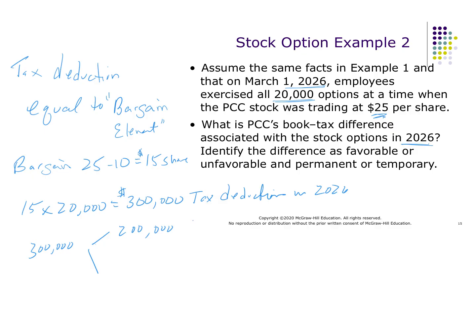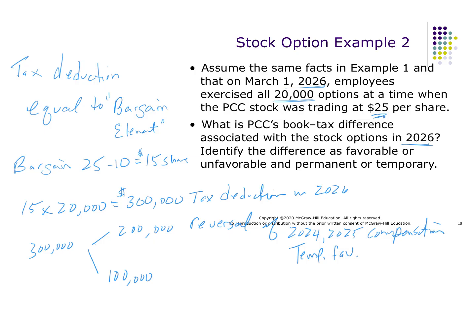$200,000 of it is a reversal of the 2024 and 2025 compensation. Okay, so that is temporary, right? And that would be favorable for that year. The other 100,000 is the excess of the bargain element.